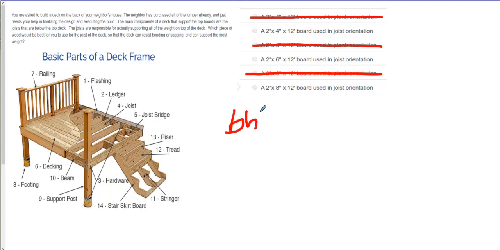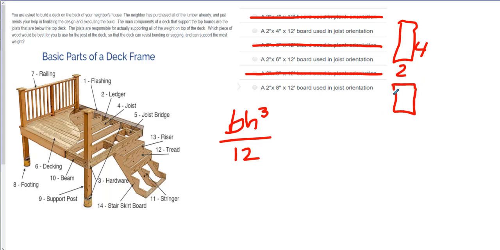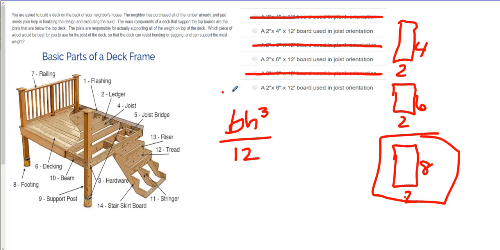Remember, moment of inertia is base times height cubed divided by 12. The first one is 2 by 4, the second is 2 by 6, and the last option is 2 by 8. So the 2 by 8, with 8 cubed times 2 divided by 12, is going to be the highest moment of inertia, so this would have been your correct answer.